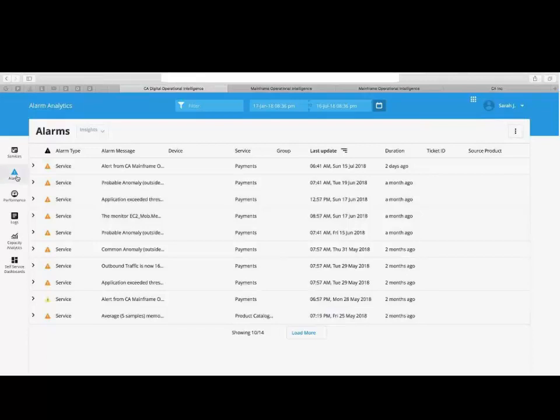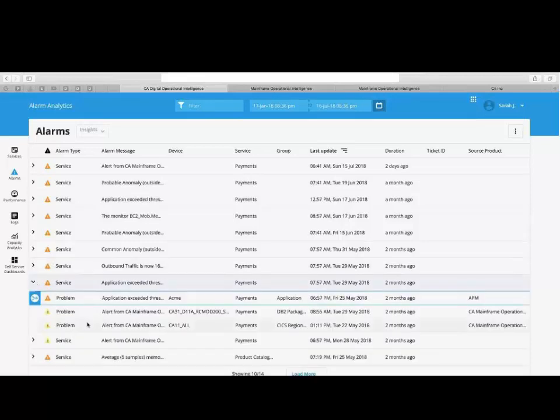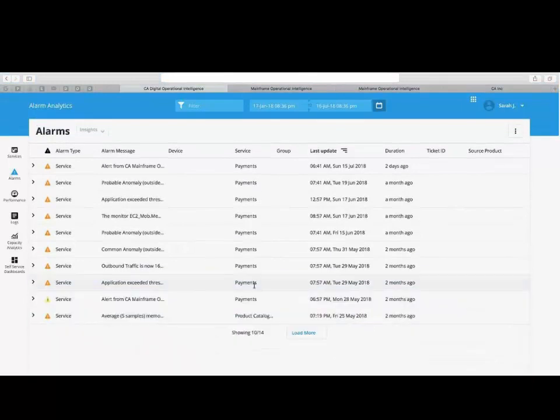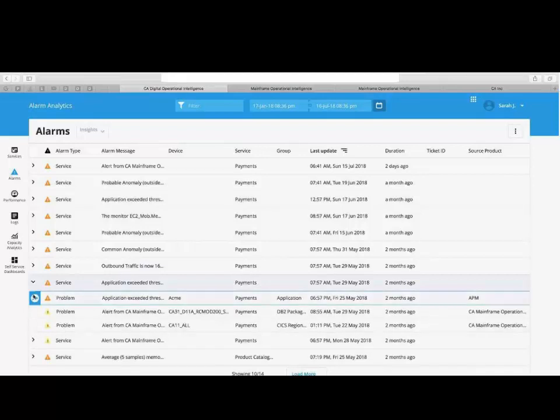I can go to alarms and see all the alarms being generated. We can see a service called payment. This payment service has multiple alarms, but this is the root cause of that problem.